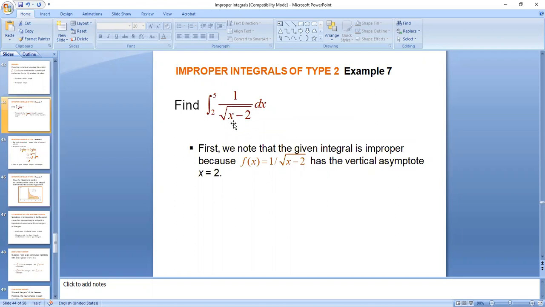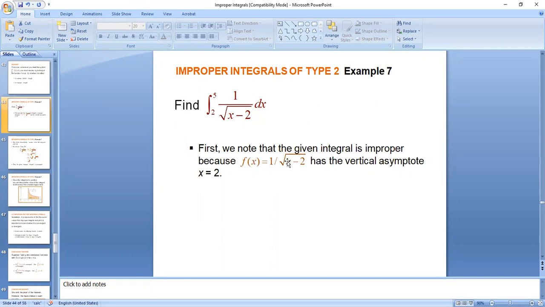The square root of 0 is 0, and 1 over 0 is infinite. So this tells you that this integral is improper because of the discontinuity of your integrand, the function in the integral, at this lower limit. So this is actually case B under type 2.